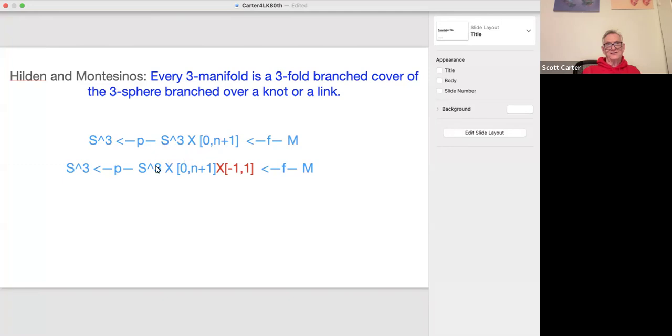Sometimes I can lift it to an embedding, and the meaning of the n is that the group that I'm going to look at has a permutation representation into S_n. And by lifting it, I'm basically lifting all my permutations to braids. Sometimes that can be done, sometimes it can't. We know of a case where it can't, but I'm not going to talk about that today.